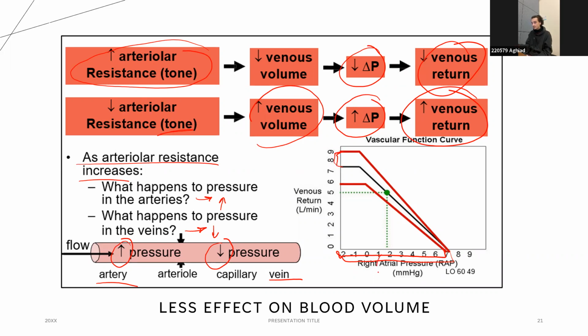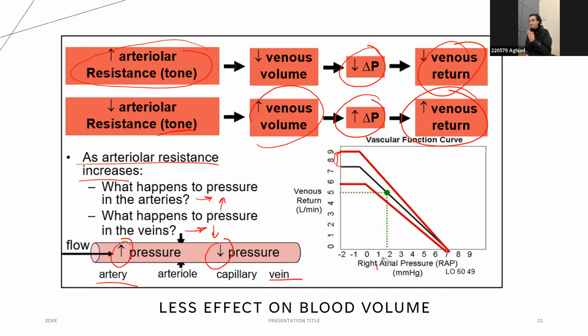The right atrial pressure doesn't change, because most of the blood, as we previously mentioned, is in the veins. So once we increase the pressure in the arteries, not much change will happen to the right atrium because most of the blood is accommodated in the veins. Got it? Does that make sense? It may be a bit confusing. It took me a while to understand. Don't worry, you guys.